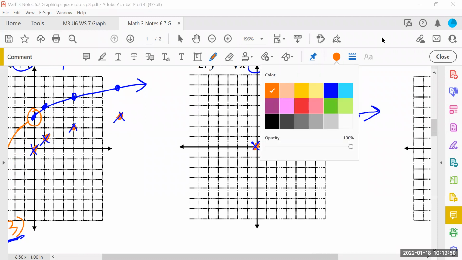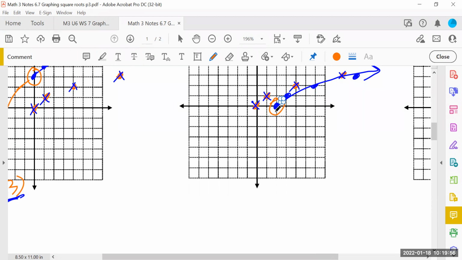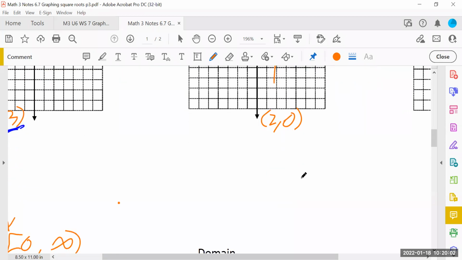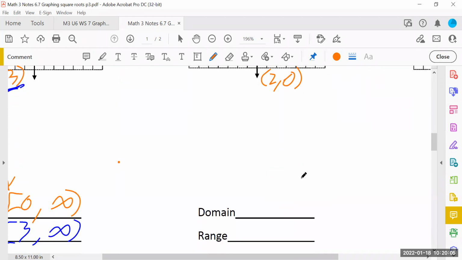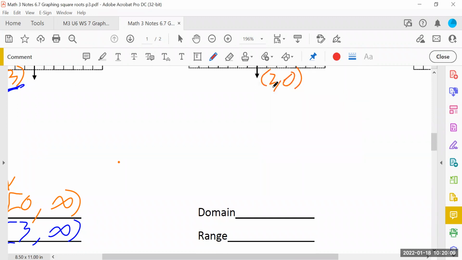Now, this starting point here is where I get my domain and range from. That point is 2, 0 this time. So my domain is 2 to infinity.